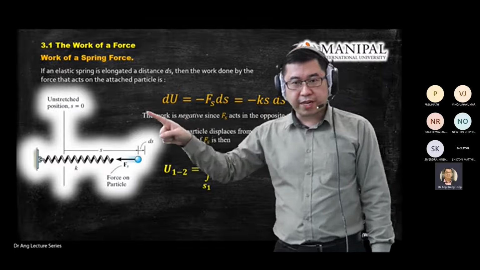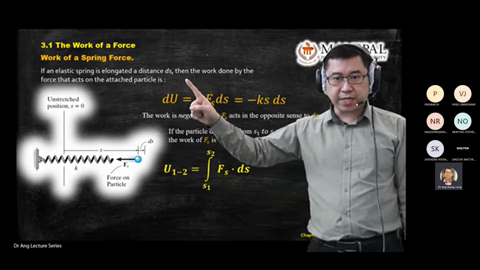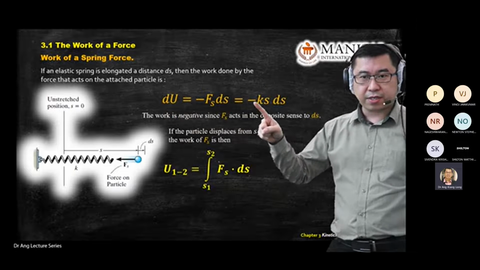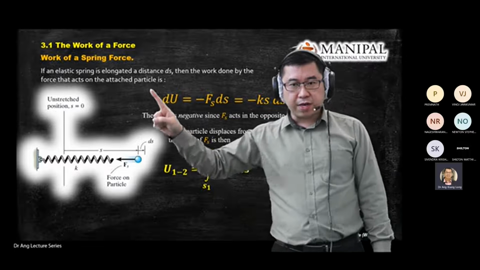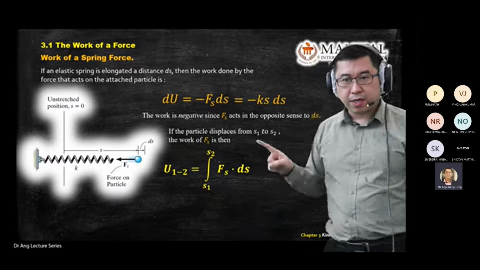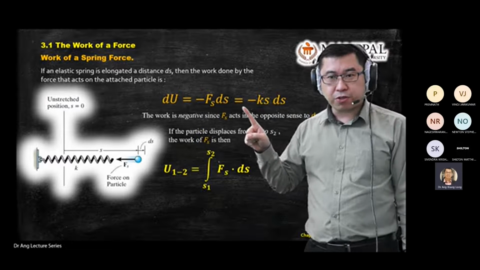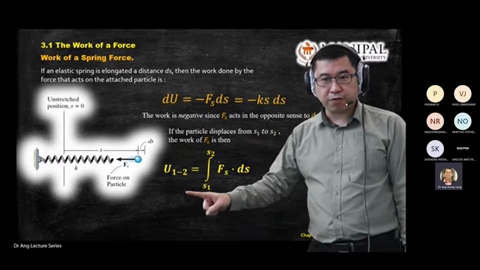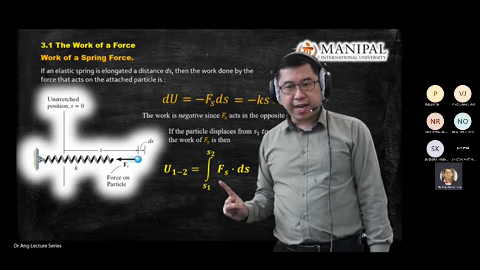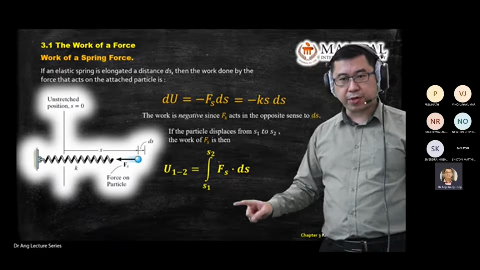So to find the total work done by the system, you need to use integration on this side and on the right-hand side. On the left-hand side, when you integrate dU, you get U. When you integrate the right-hand side from the first position to the second position, you can write it in this form: integration of S1 to S2 Fs dot ds. In this case, it's a dot product.